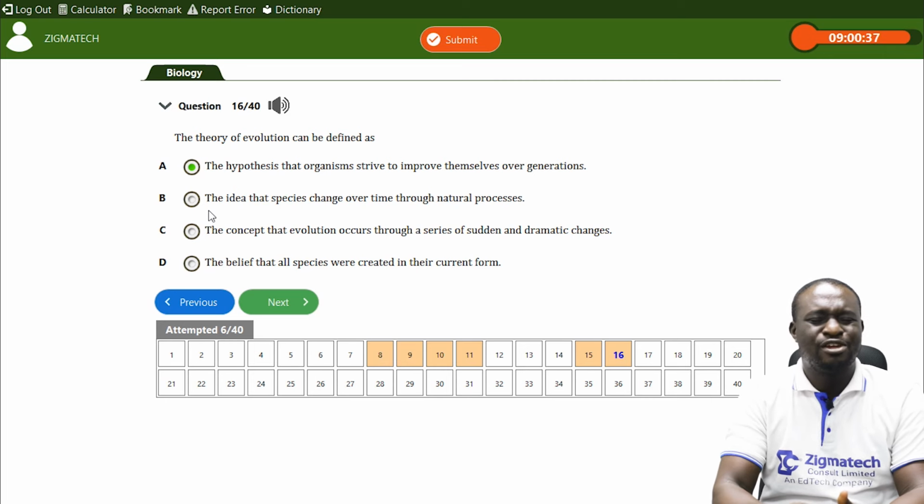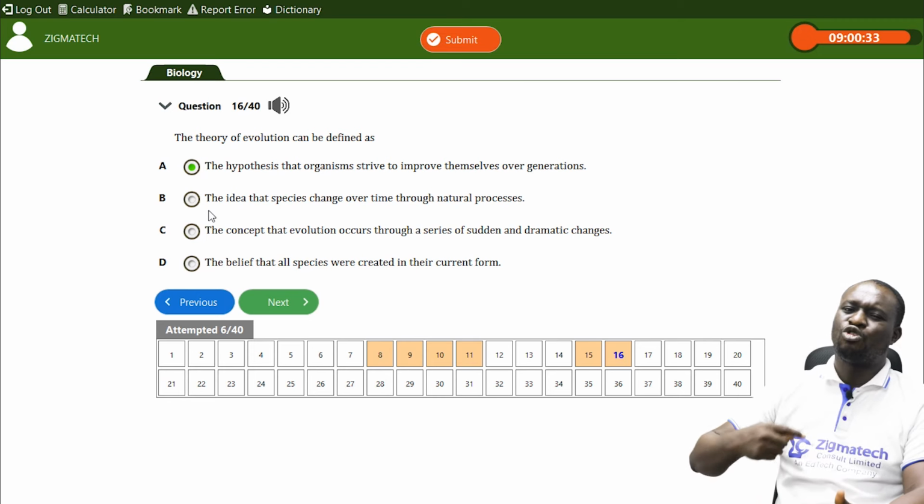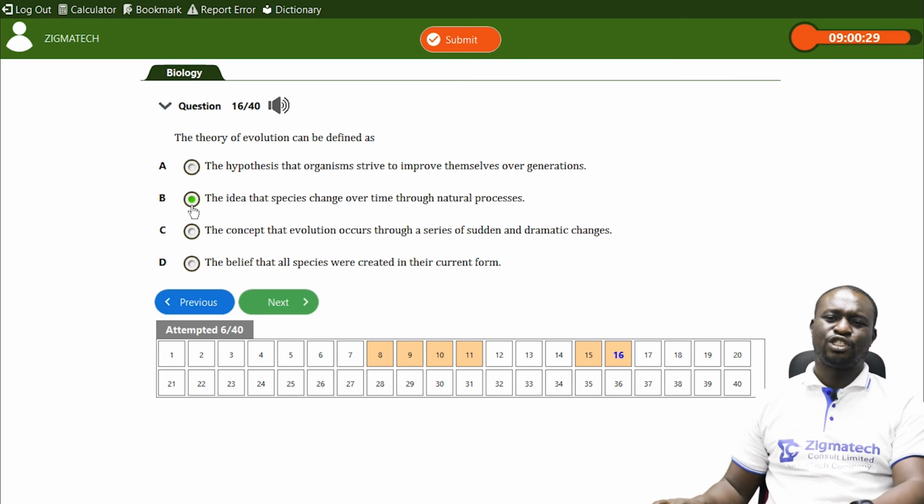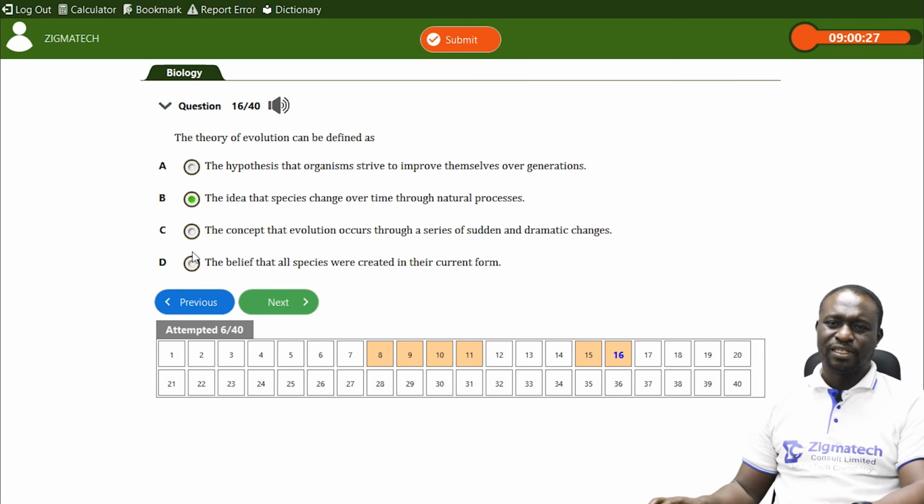It is not a sudden change. It is a change that has occurred over time in my definition. So the correct answer to this question is option B.